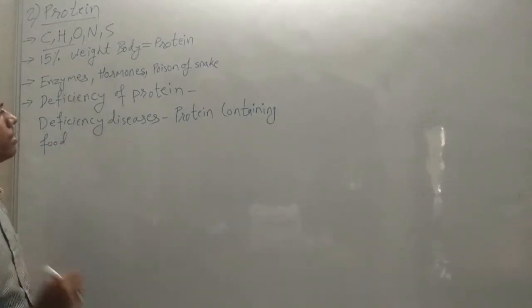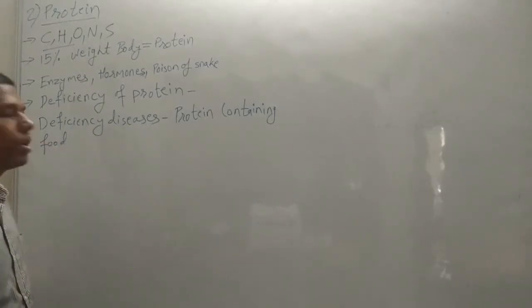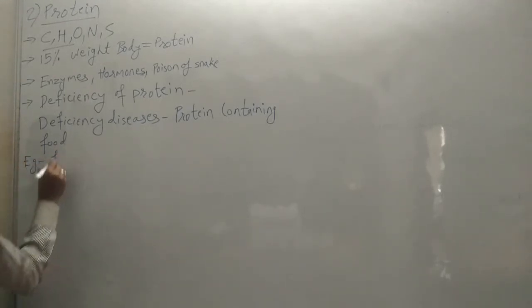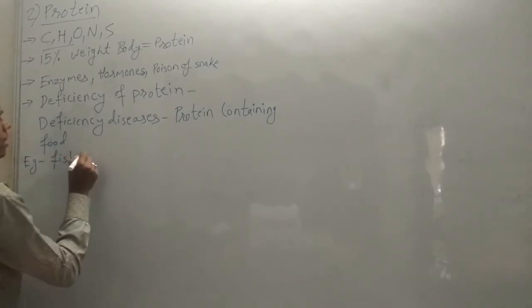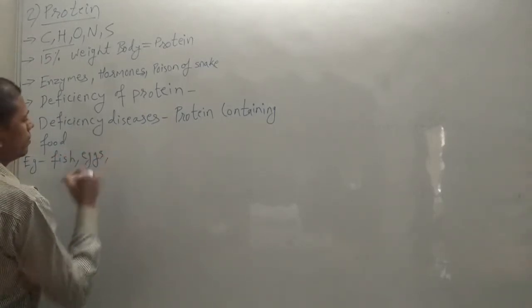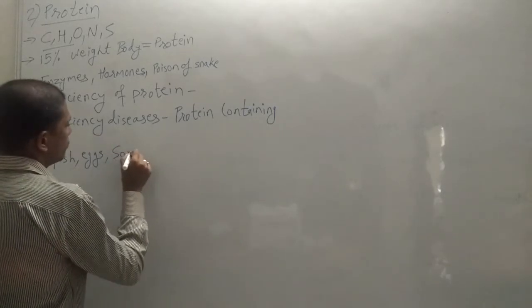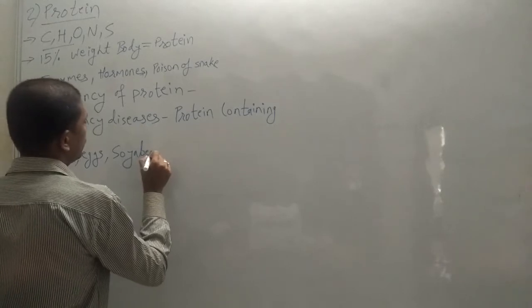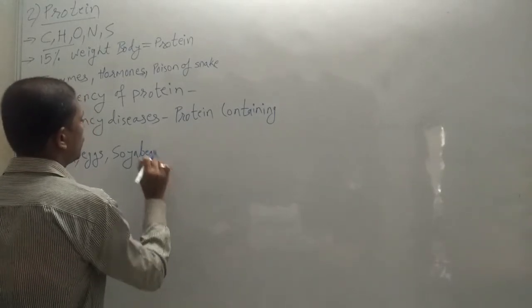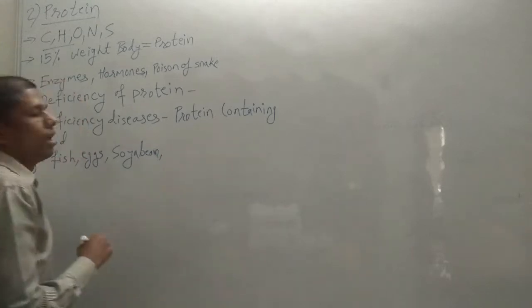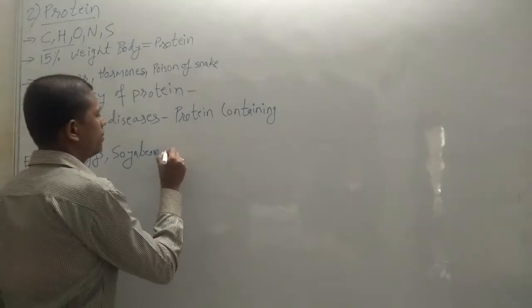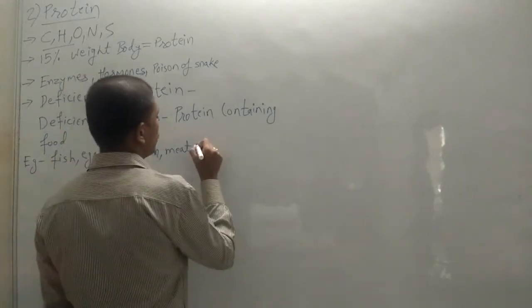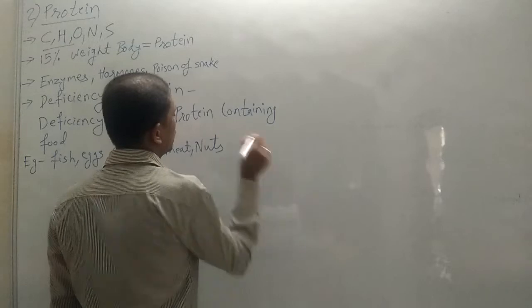So what is that protein-containing food? For example, fish, egg, soybean, meat, groundnuts, and types of nuts.